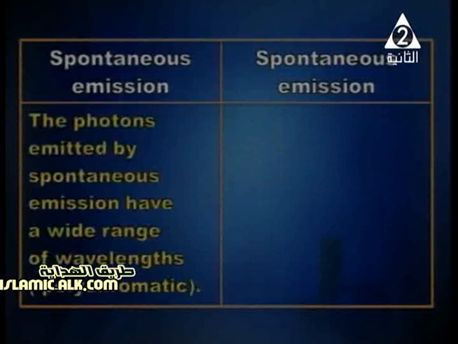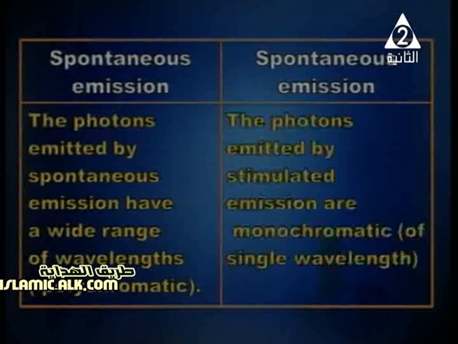Also, the photons emitted by spontaneous emission have a wide range of wavelengths. That's why they are called polychromatic. Photons emitted by spontaneous emission are polychromatic, but photons emitted by stimulated emission are of one wavelength.